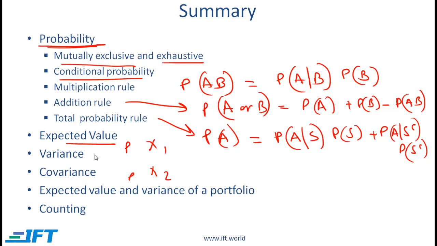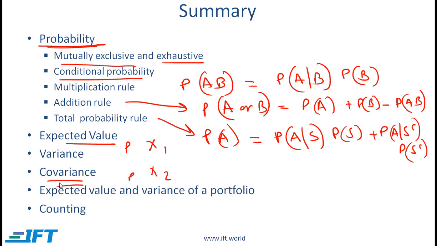Variance then gives us a sense for how spread out the random variable might be relative to the expected value. That formula is a little bit complicated, so if you need to revise it, you can go back to the notes, plus you need to know how to calculate variance using the calculator.